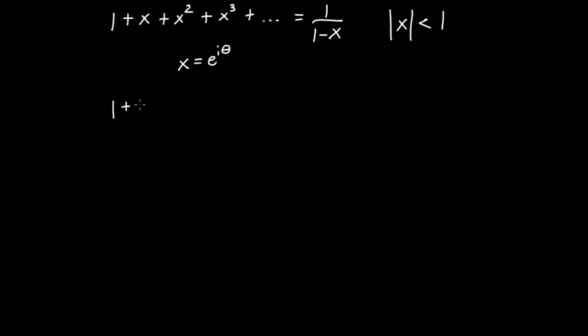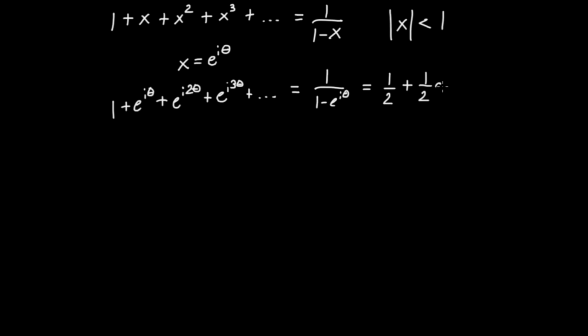I have 1 plus e to the i theta plus e to the i 2 theta, just squaring that thing right there, plus e to the i 3 theta, and so on, is equal to 1 over 1 minus e to the i theta, which, if you use Euler's formula, you can show that this thing is equal to, just after doing some simplification, 1/2. 1/2 is going to be the real part of the complex number, and the imaginary part is going to be 1/2 cotangent of theta over 2 times i.